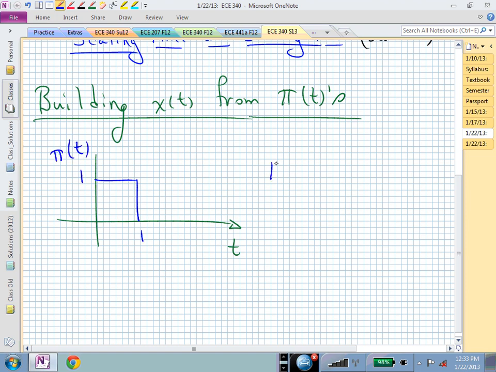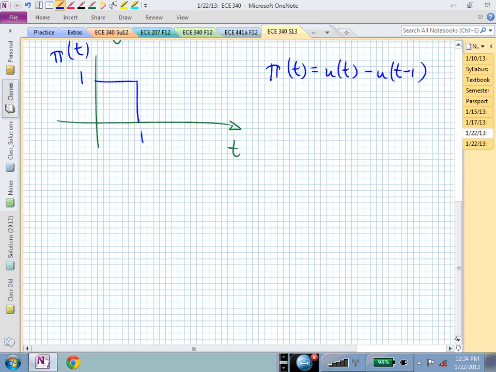And now we want to create from that unit pulse, which we could write in terms of elementary functions, where the elementary function is the step input. That's just turning on the unit step at 0 and then subtracting another unit step that turns on at 1. And that will give us this pi of t.